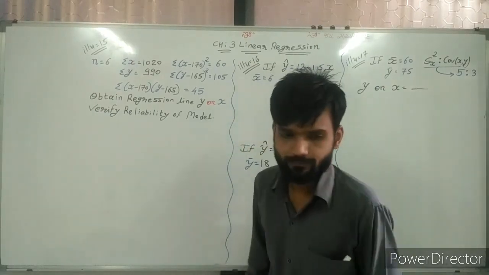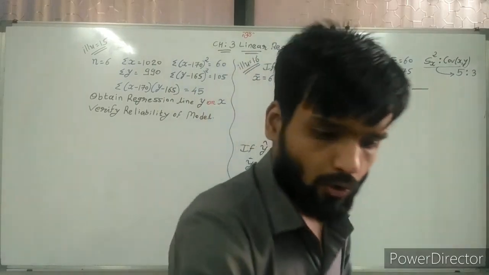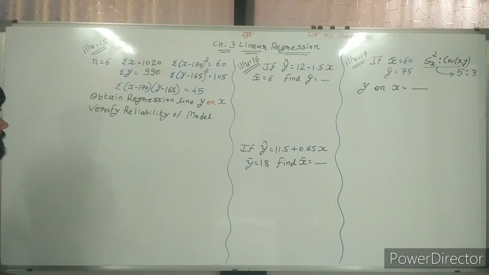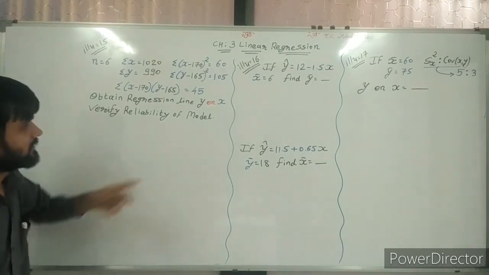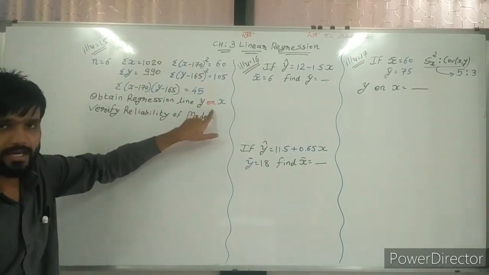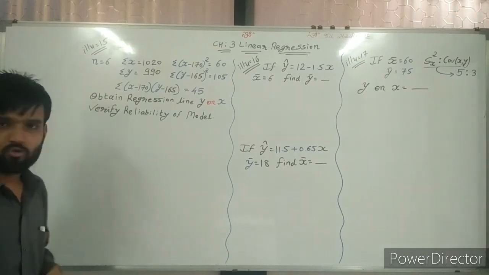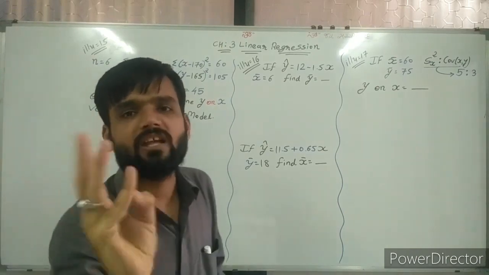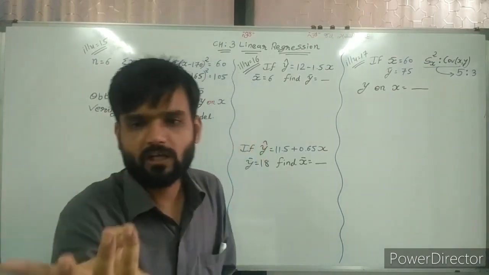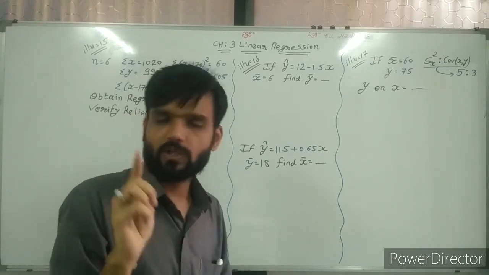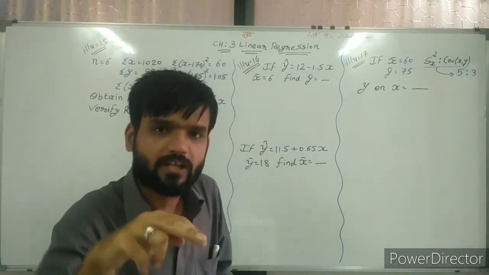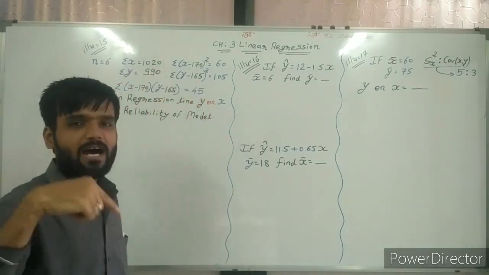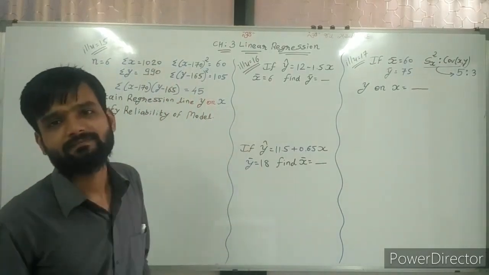Don't worry about it. All of you know the formula, and first of all I need regression line y on x. To find it we need b and a. First we find b, then we find a, and on the basis of a and b we can find the regression line y on x.